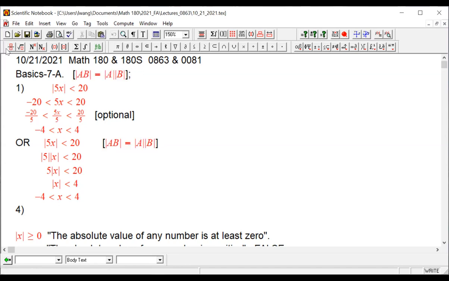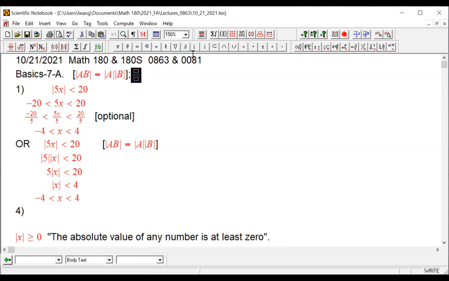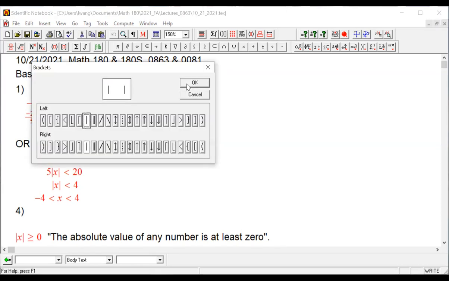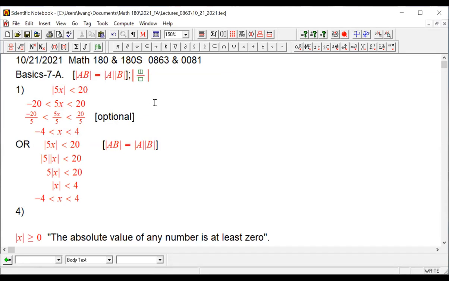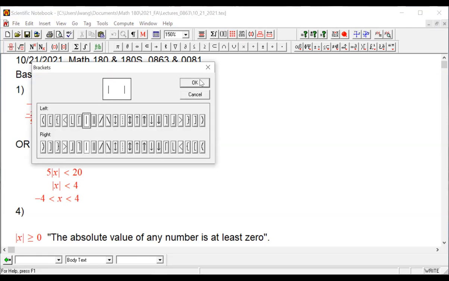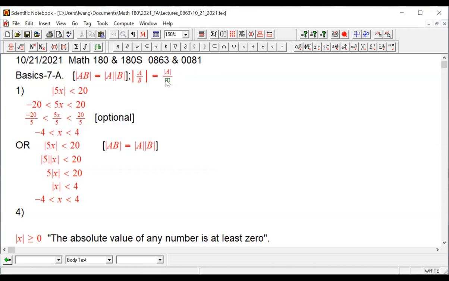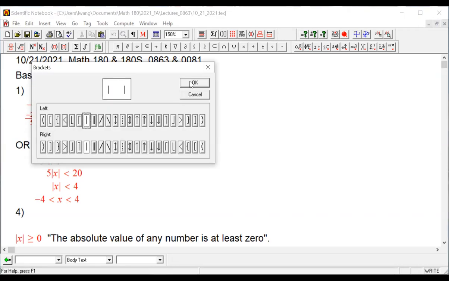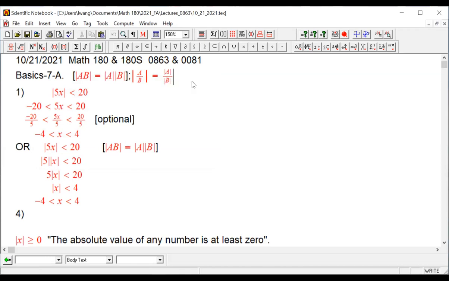There's another property, which is the absolute value of a quotient, provided we don't have a zero denominator, is equal to the quotient of absolute values. And this is about the only two properties on absolute value.